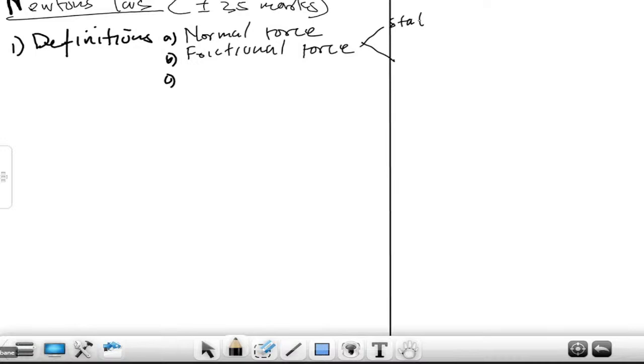It is what we call static friction, as well as kinetic friction. These two form part of the frictional force itself. So when I sit down and prepare for tomorrow, these two critical definitions have a direct link with one another. Why do they have a direct link with one another?